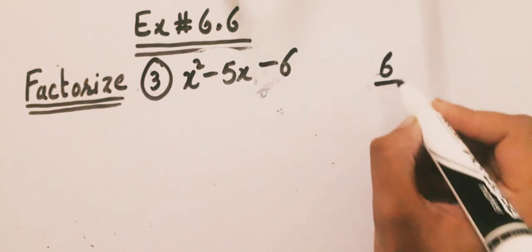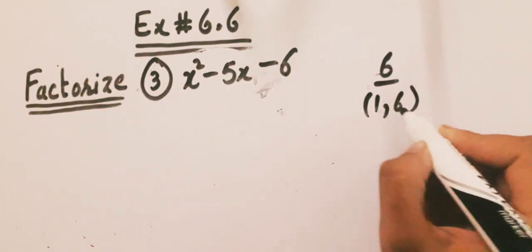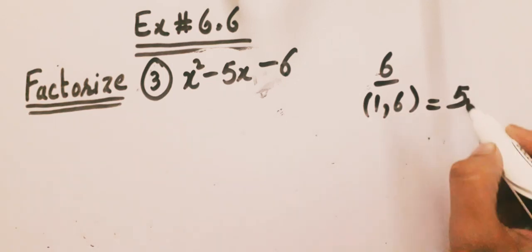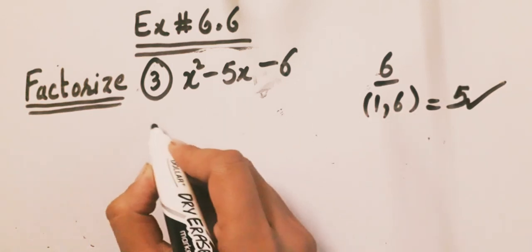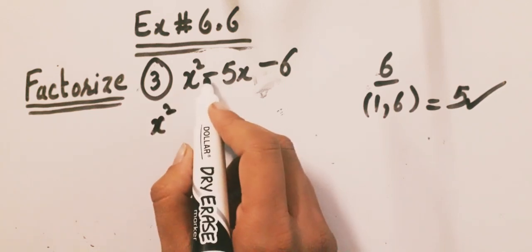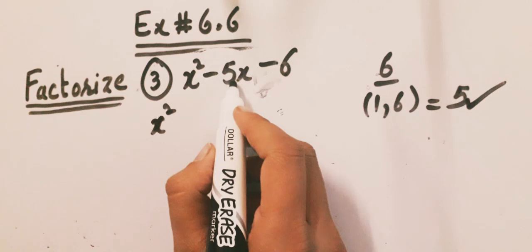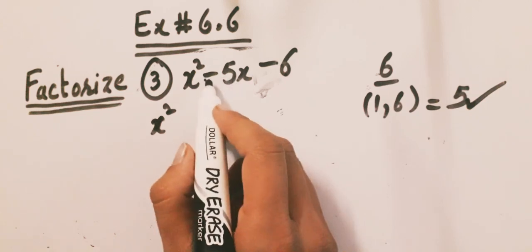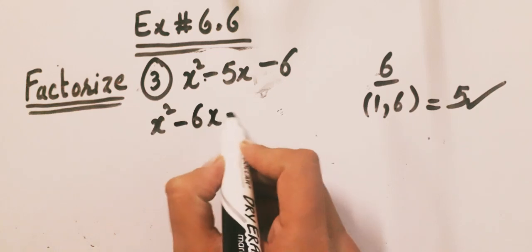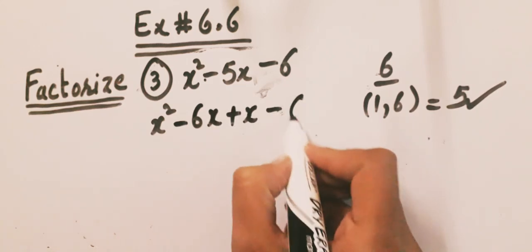So 1 and 6 when these are subtracted gives 5. So we will write x square. This minus tells us we will use minus with the large value. So minus 6x plus x plus 6.